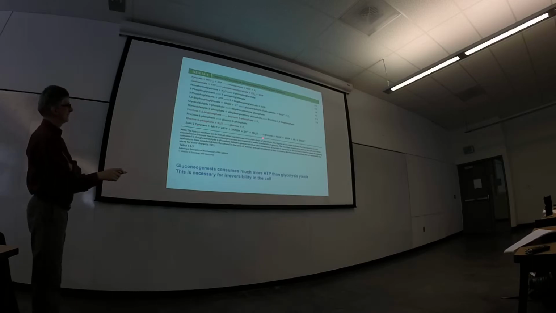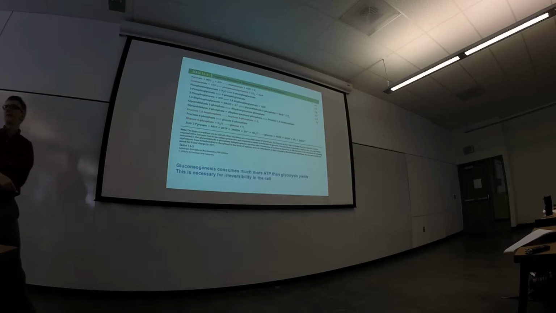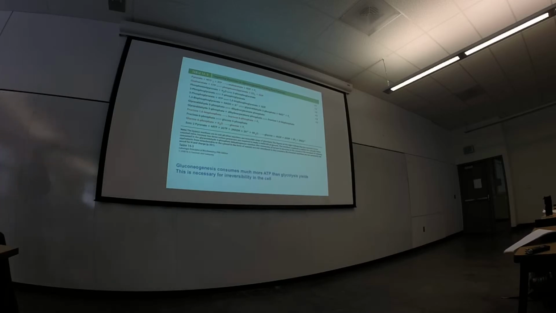To go from pyruvate to glucose, we're using up 6 ATPs. Glycolysis the other way only got us 2 ATPs. So 3 times as much ATP as we make in the forward direction. We use up the NADH here as well.